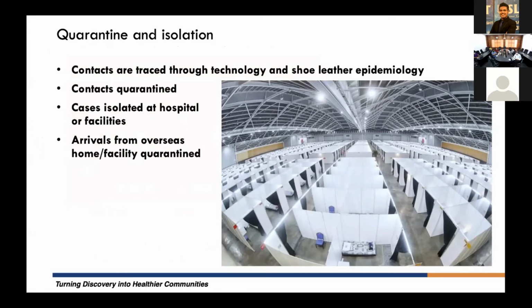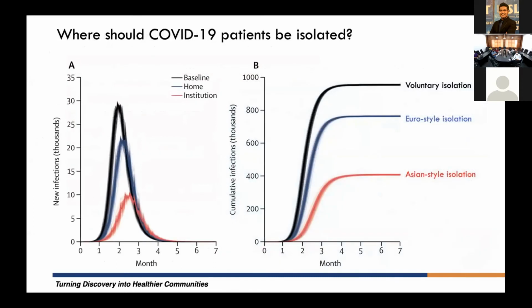And all of the cases get isolated either in a hospital or a healthcare facility. So we can use that individual-based model to assess the impact of a European or an Asian style of isolation. We can see massive differences in the overall proportion of who will be infected if you isolate people away from their families, or allow them to remain with their family, where they can, of course, infect the household.